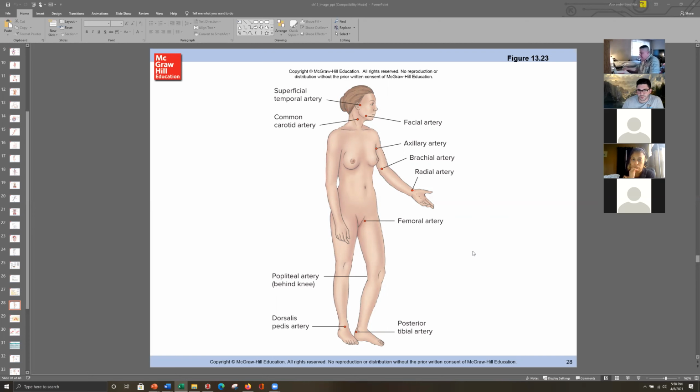So depending on the patient or depending on who they are, let's say, first aid scenario, you come across a downed individual, they are face down, they're unconscious. You don't want to move them because you're afraid of a spinal cord injury, but you're able to see or access the back of their knee.